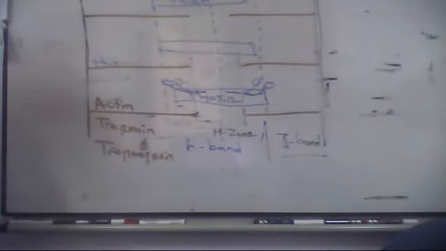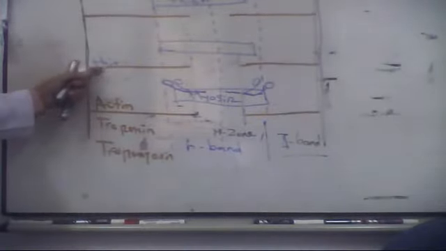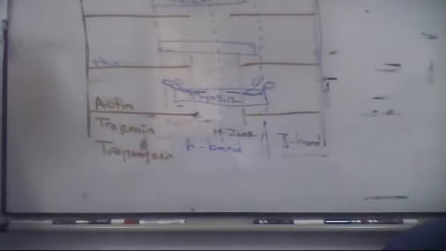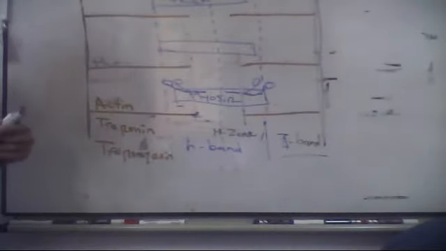The A band is a part of the sarcomere that contains thick filaments overlapping thin filaments. The I band contains thin filaments only. The H zone contains thick filaments only. And in the center we have the M line.